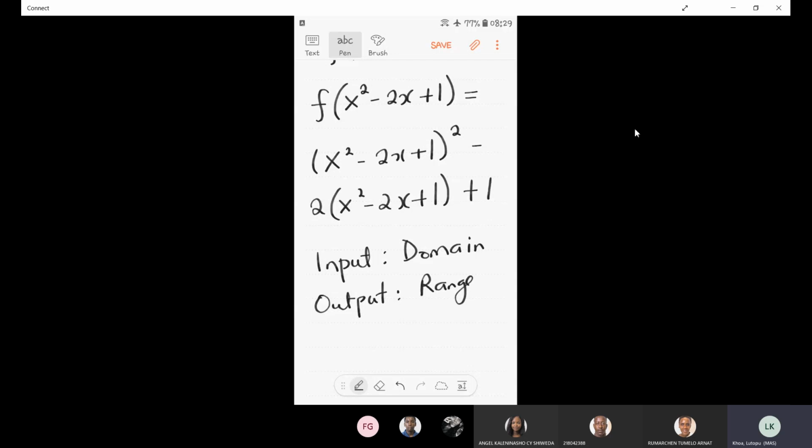That means if you put that thing in, you will get something out. Like with your microwave, no metals are allowed in the microwave, or so I've heard. So your domain will include anything except metals. And your output is the things that you do get out, whether it's warmed food or whatever it is. So your output is the range.